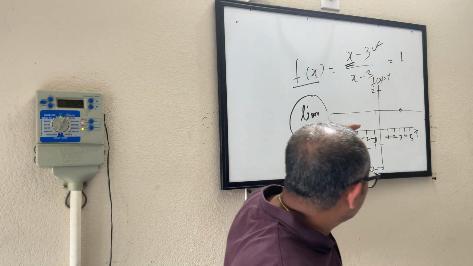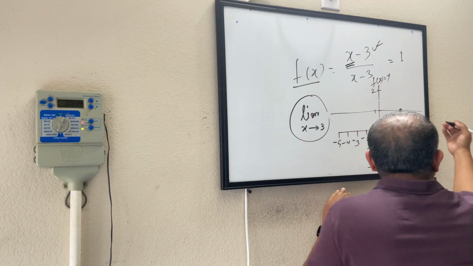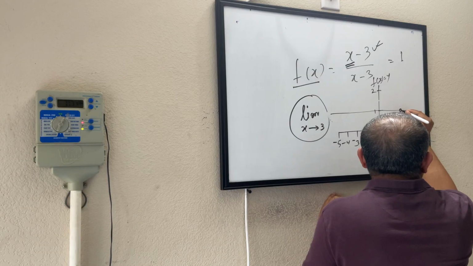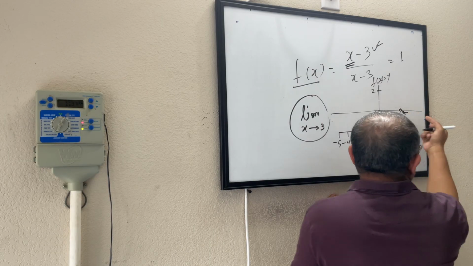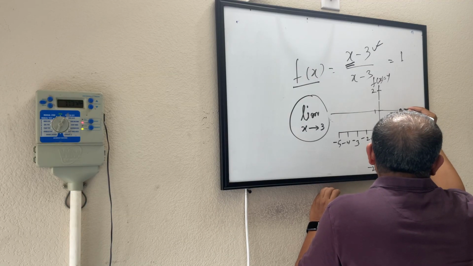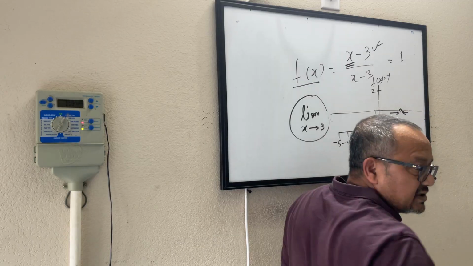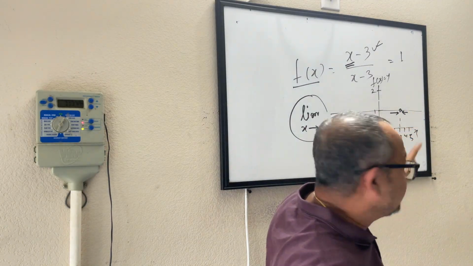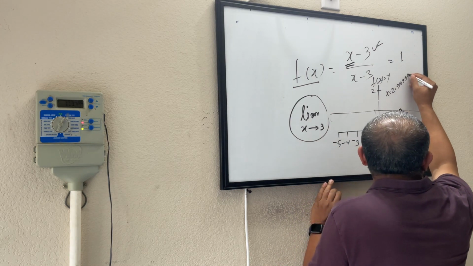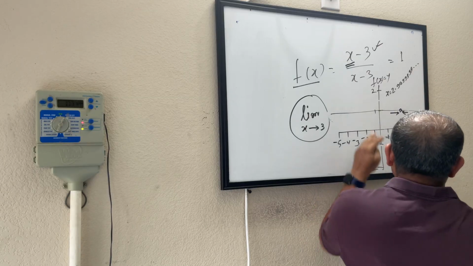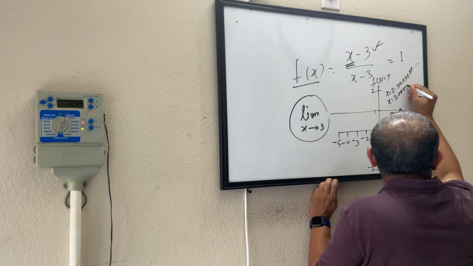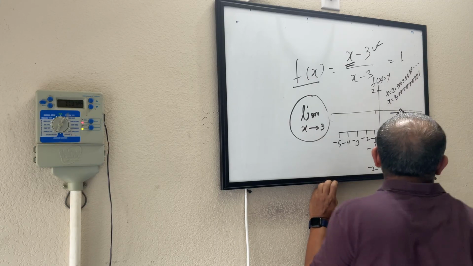which means if you are approaching this from left or from right, at any point very, very close to x equal to 3, let's say you're talking about x equal to 2.99999999 if you're going from this direction, or x equal to 3.000000001.